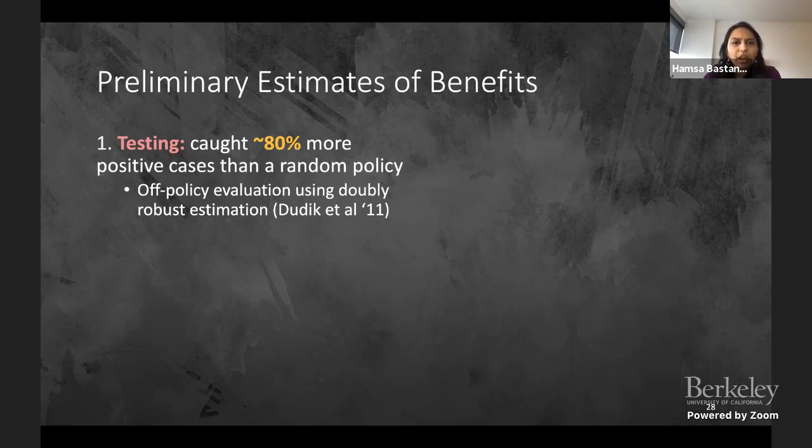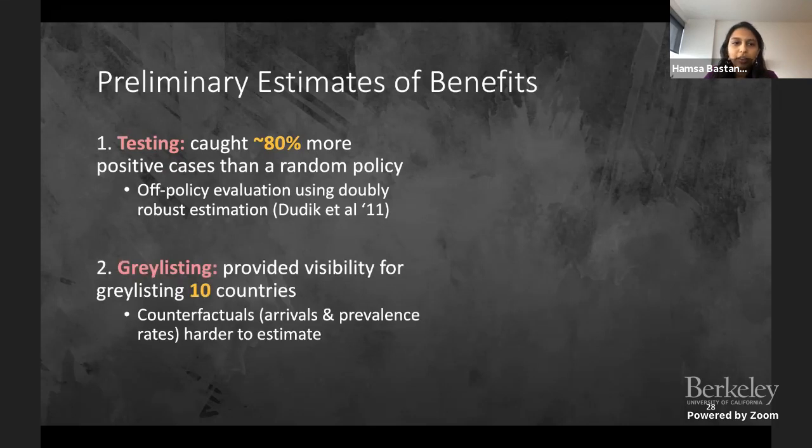We found that we got about 80% more positive cases than a random policy. This number might still change because we're still running the system right now. But that seemed like a pretty decent lift. We actually think this is a significant underestimate, because throughout the summer, every time we saw a country spike, we provided visibility to gray list that country.